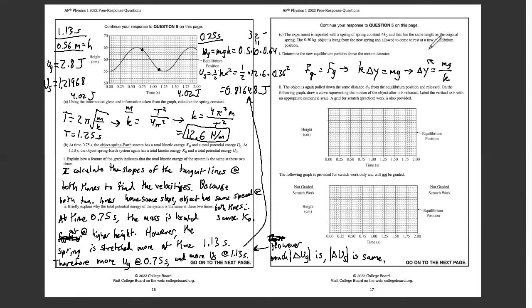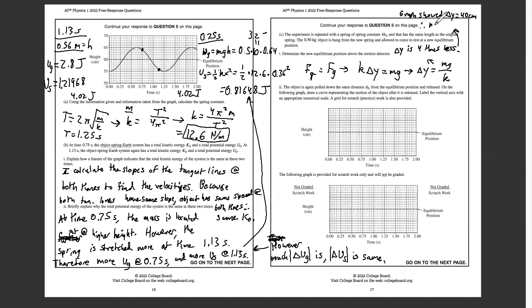So what I would expect is the new equilibrium position above the motion detector to be 4 times less. So therefore, delta y is 4 times less. Now, something to note is that the graph showed delta y equals 40 centimeters.